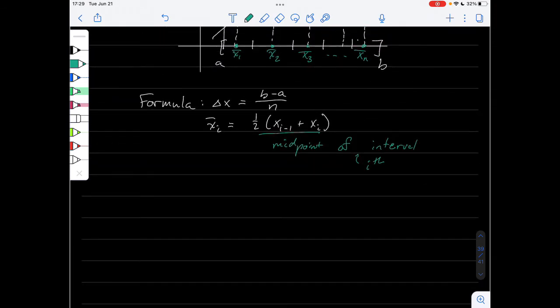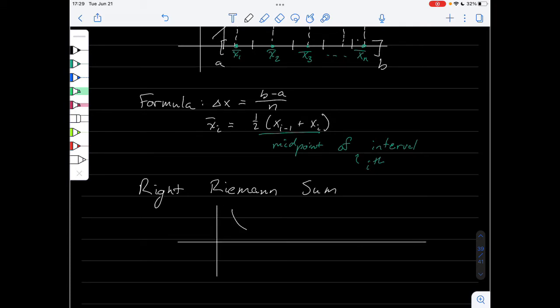The other one that we normally use is the right Riemann sum. Okay, so if we're given a similar function, this is f of x, we're on this interval from a to b, and we partition it, we're just going to pick the right endpoints.